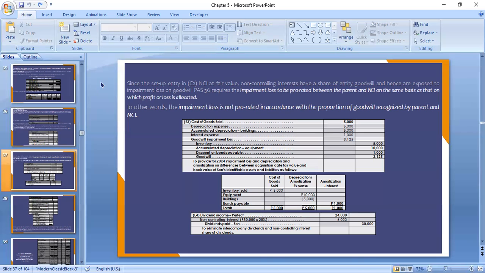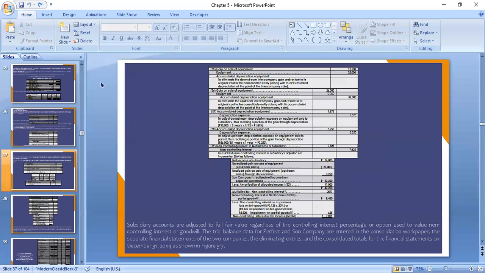So for dividend income, debit 24,000. We now debit non-controlling interest of 6,000. That's 20%. And the credit to dividends paid of 30,000, to eliminate intercompany dividends and non-controlling interest share of dividends.